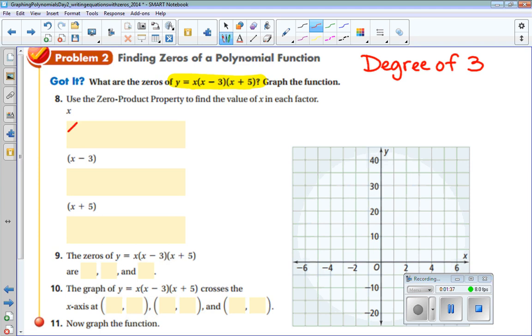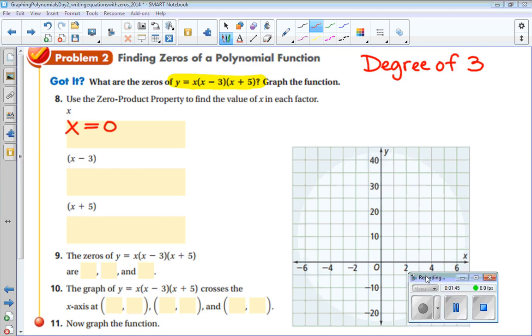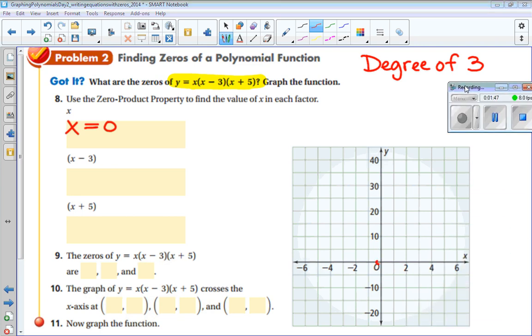We're going to take x and set it equal to 0. So what does that mean? 0 happens to be a solution, an x-intercept on our graph. I'm going to take the next factor, x minus 3, and set it equal to 0, and I have to solve it. So what does x equal?